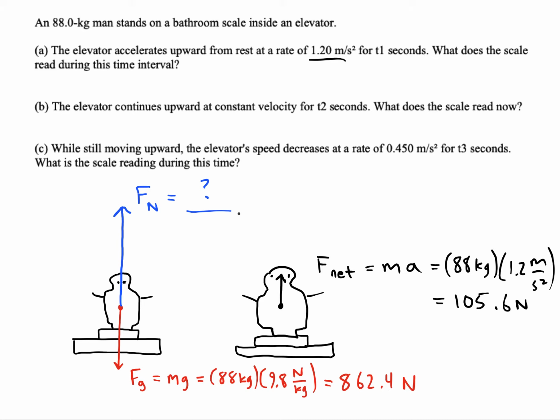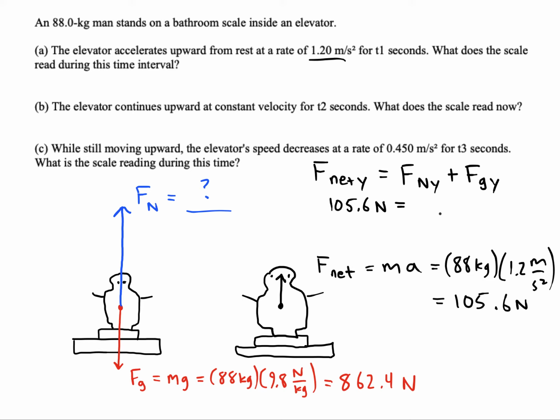Now we can do a sum of forces. F net in the y direction is the combination of the normal force in the y direction plus the gravitational force in the y direction. I put the y's on there because now I want to put signs in to keep track of the directions. We know the net has to be positive because we're accelerating upward.